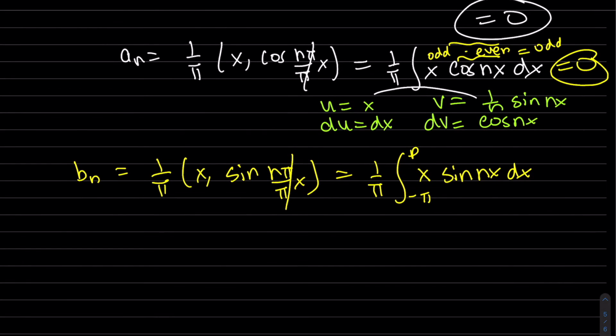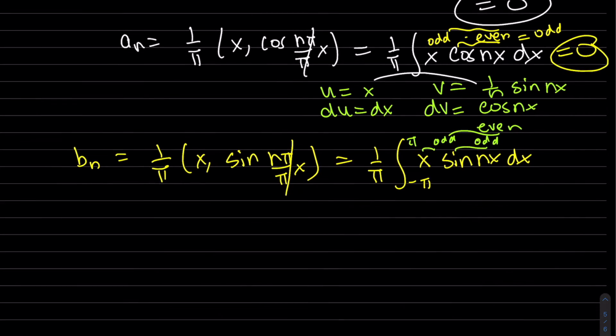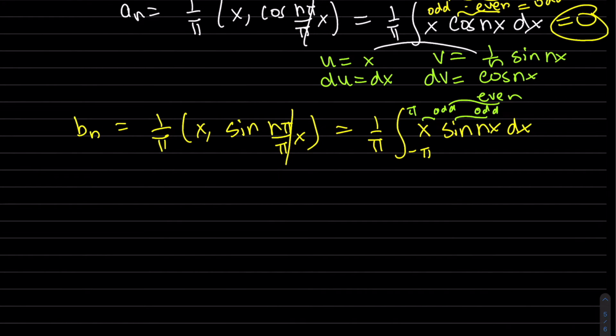So here we really have to do parts, because we have an odd times an odd. That's an even. Think of -1 times -1. When you plug it in, it'll come out as positive. This is symmetric about 0, so we could double it. I think I'm going to do that. So double it.